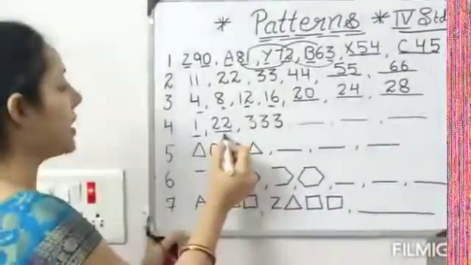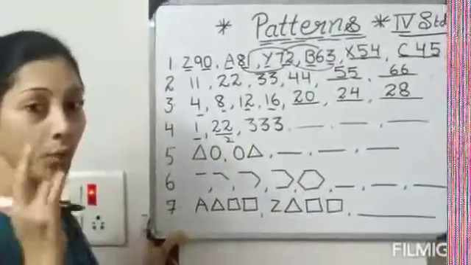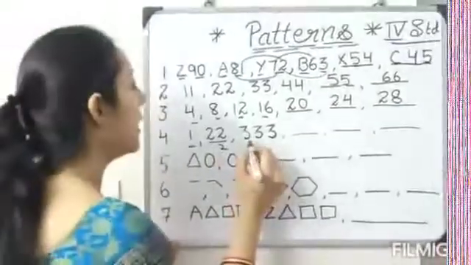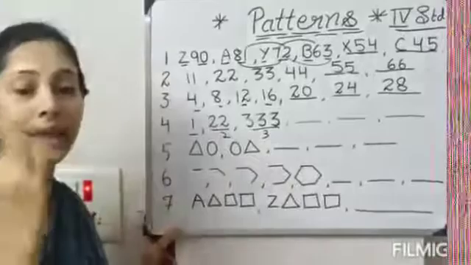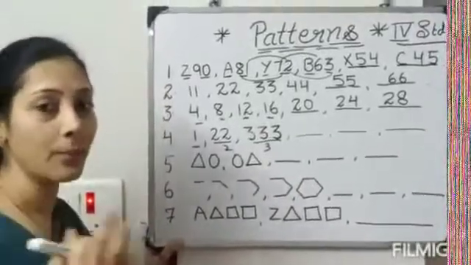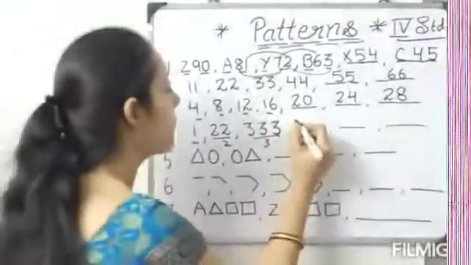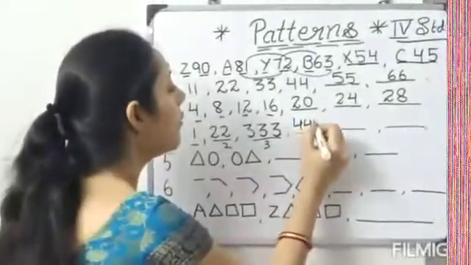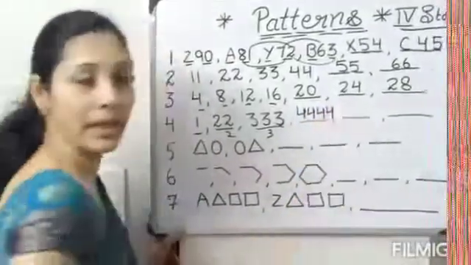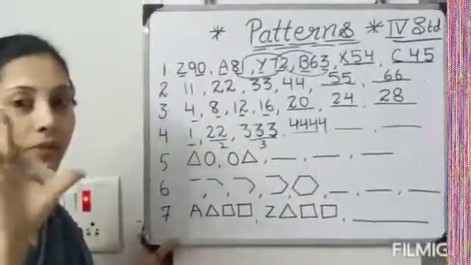Next, see what is our number? 1, then 2 digits. You are having 2 digits. Next, you are having 3 digits. So, what will come now? 4 digits, 4. Very good. Next, what will come? 5.